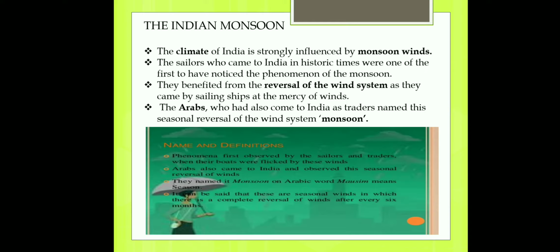They benefited from the reversal of the wind system as they came by sailing ships at the mercy of winds. The Arabs, who had also come to India as traders, named the seasonal reversal of the wind system monsoon. So, monsoon refers to the seasonal reversal in the wind direction during a year.